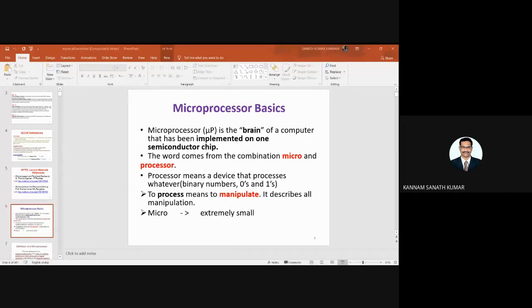For example, we human beings have a heart, and based on the heart all the remaining organs are synchronized; the heart gives pumping to each and every body part so that we work. Similarly, the microprocessor needs an external clock, and based on that clock the remaining peripherals are synchronized. That's why we call it multi-programmable, clock driven.